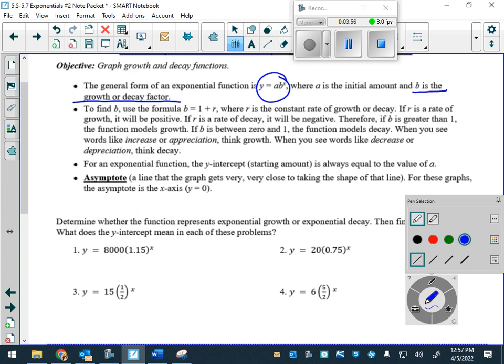Some terminology that we're familiar with, domain and range. That's how we describe graphs, okay? What's next is going to be something called an asymptote. An asymptote is like a boundary. You get very, very close to it, but never cross it. Think of an electrical fence for pets, or dogs, actually.